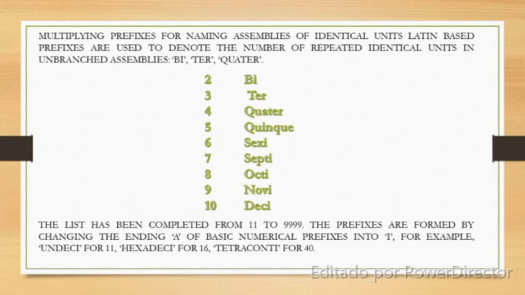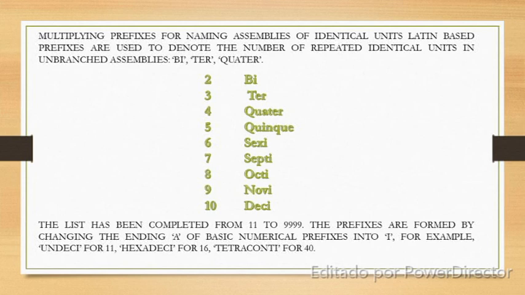The list has been completed from 11 to 9,999. The prefixes are formed by changing the ending "a" of basic numerical prefixes into "i".